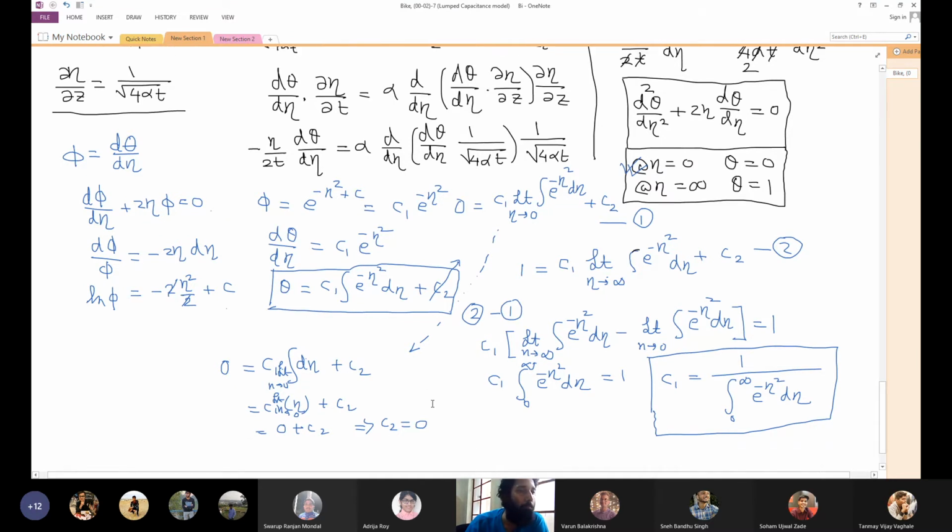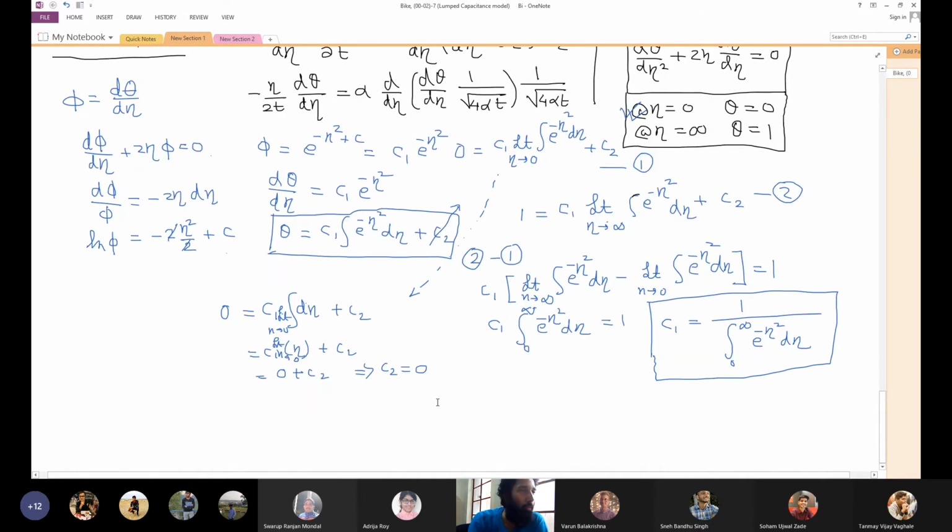Okay. So now once I get C1, I can write theta equals the integration of e to the power minus eta square d eta, divided by the integration from 0 to infinity of e to the power minus eta square d eta.